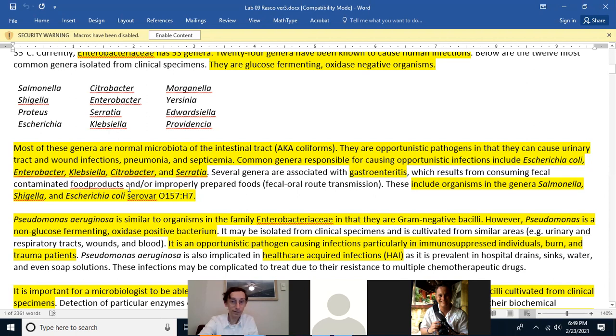It includes organisms that are human pathogens, like the genera Salmonella, Shigella, and then E. coli serovar O157:H7, meaning this is a bad variant of E. coli, and frequently when people get it, they get sick. The only difference is it's a different strain from the normal E. coli strains.